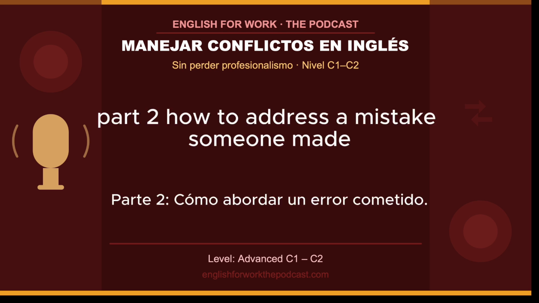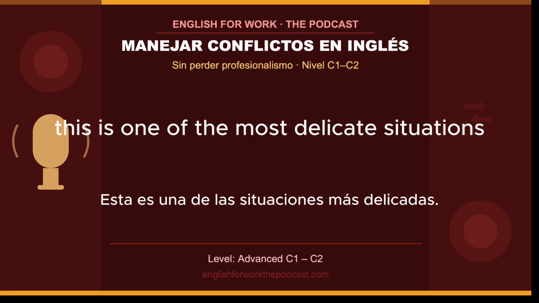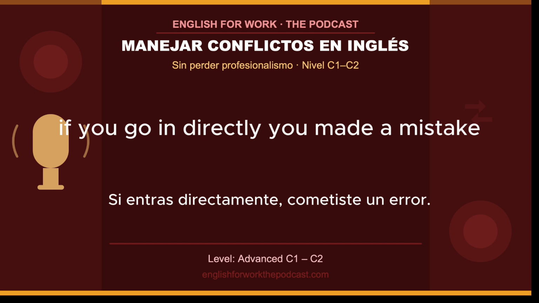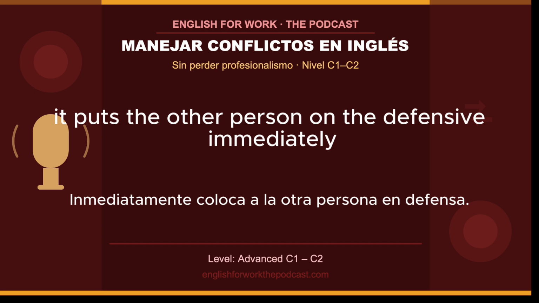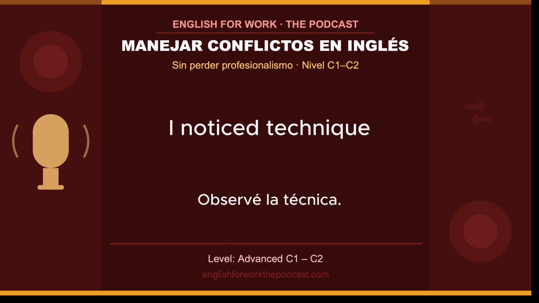Part 2. How to address a mistake someone made without attacking them. This is one of the most delicate situations in any workplace. If you go in directly, "you made a mistake," even if it's true, it puts the other person on the defensive immediately. Instead, native speakers use what's called the "I noticed" technique.